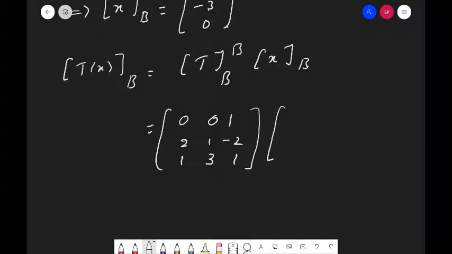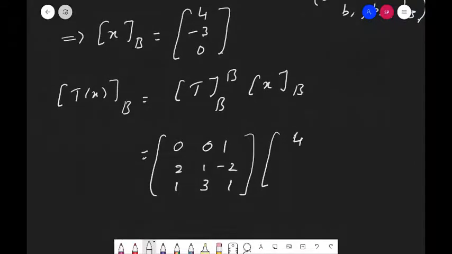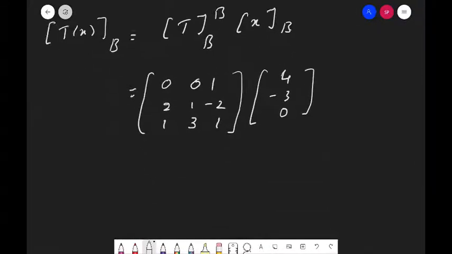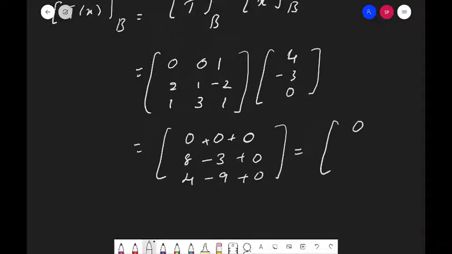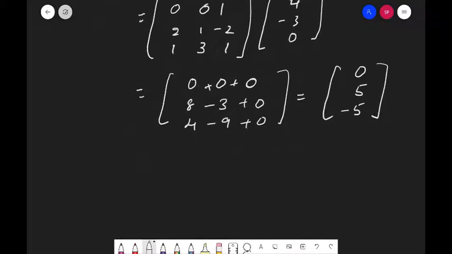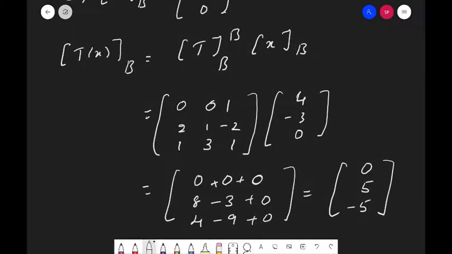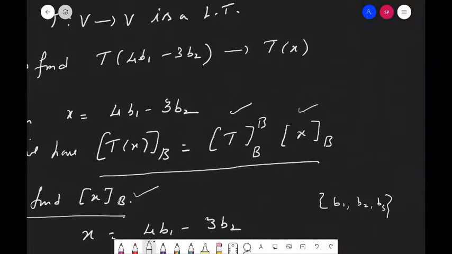Then times the coordinate vector of x, which you got as 4, minus 3, 0. Multiply this. You will get 0 plus 0 plus 0, then 8 minus 3 plus 0, then 4 minus 9 plus 0, which is equal to 0, 5, minus 5.